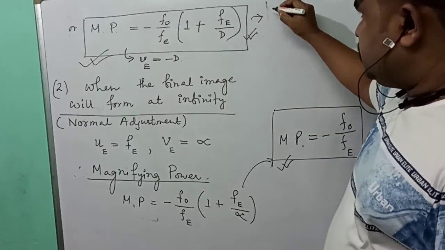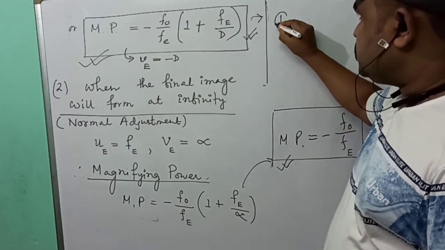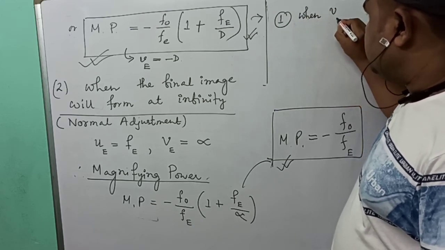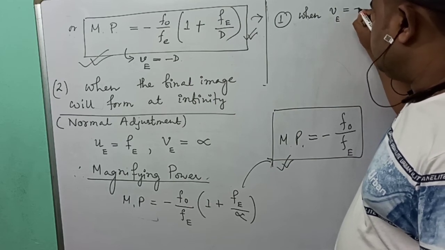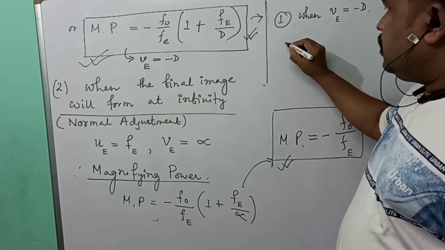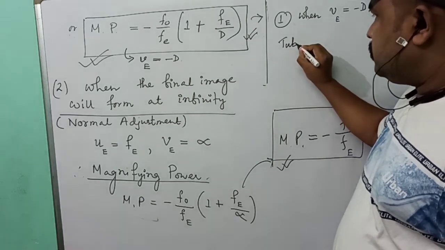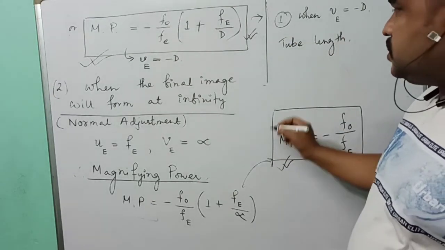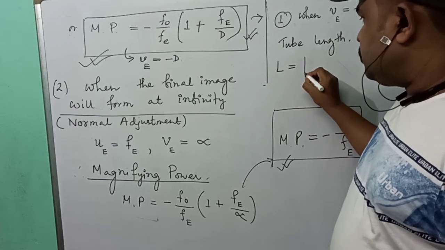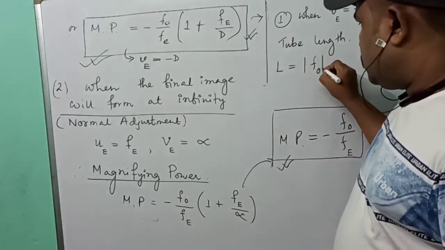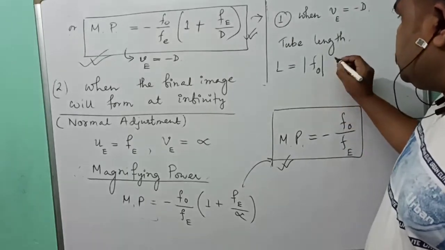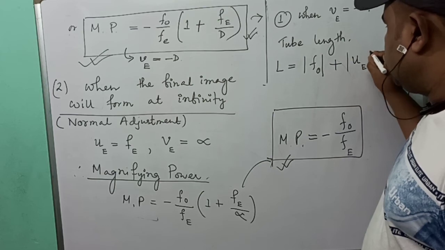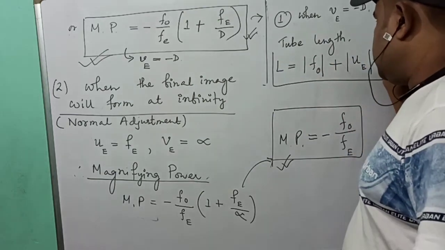And in both cases, in the first case, when your image distance due to the eyepiece lens is minus d, then your tube length, that means the separation between the two lenses, will become the focal length of the objective lens plus the object distance due to the eyepiece lens.